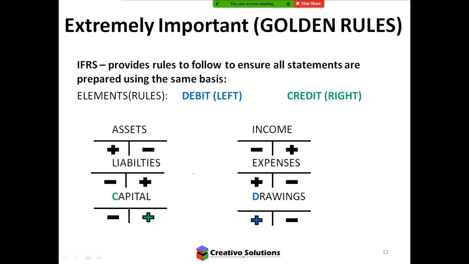Change your wording: outflow of future benefits. Assets bring in future benefits. Liabilities remove future benefit, an outflow of future benefits. So the definition's perfect. Obligation is very important, so I'm glad you remember that. An obligation that creates an outflow of future benefits.